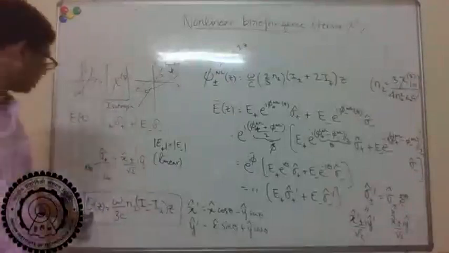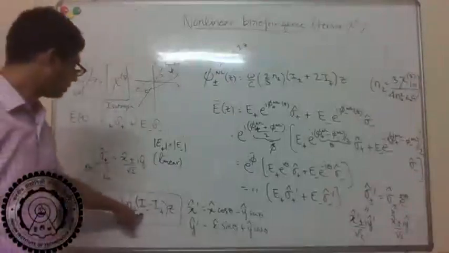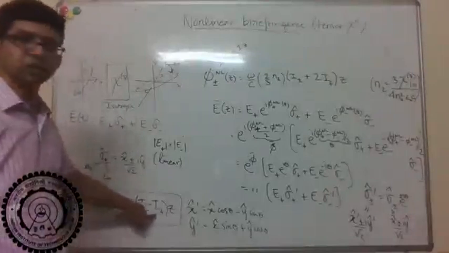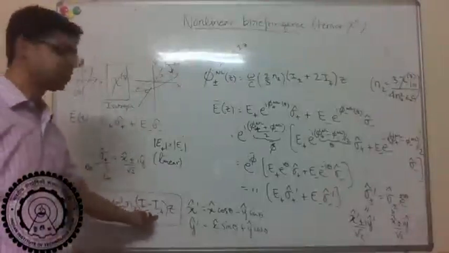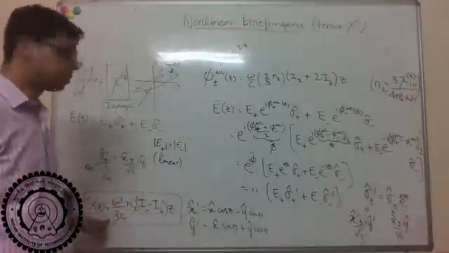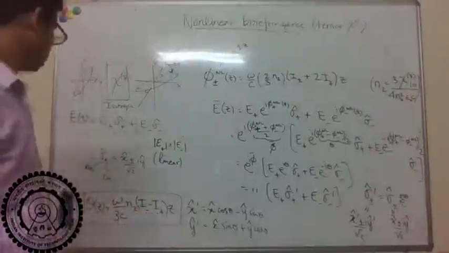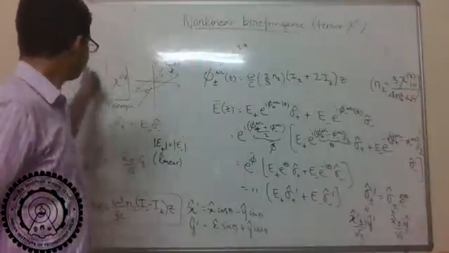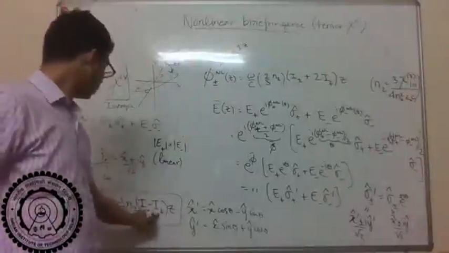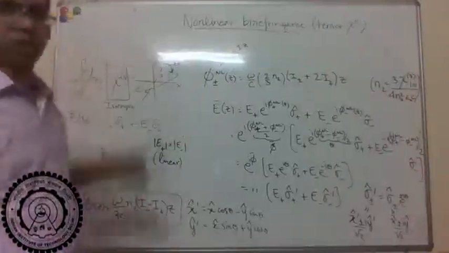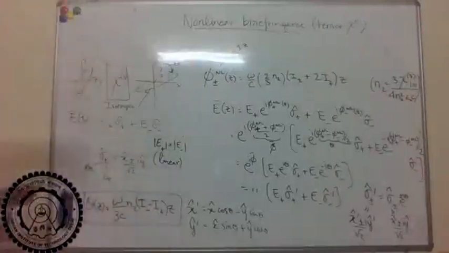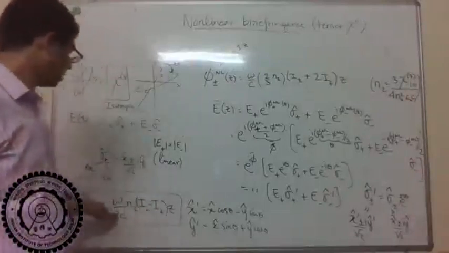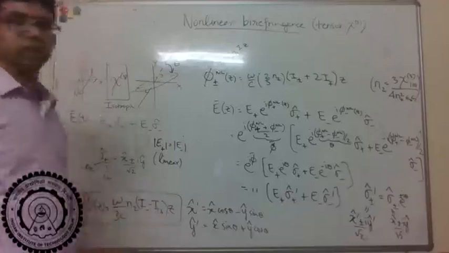The amount of rotation depends on the difference in the intensities between the two circular components. So if they were equal, which means a linear polarization, then there is no rotation. But in general, if you have general elliptical polarization with these two unequal components, then there is a rotation. It depends on intensity and goes linearly with them.